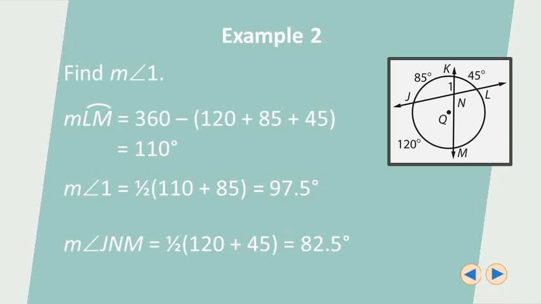Now, what about angle JNM? That would be a linear pair with KNJ, or angle 1, and so you would just subtract it from 180, or you take the two arcs, arc KL and arc JM, you add them together and divide by 2, and you get 82.5.